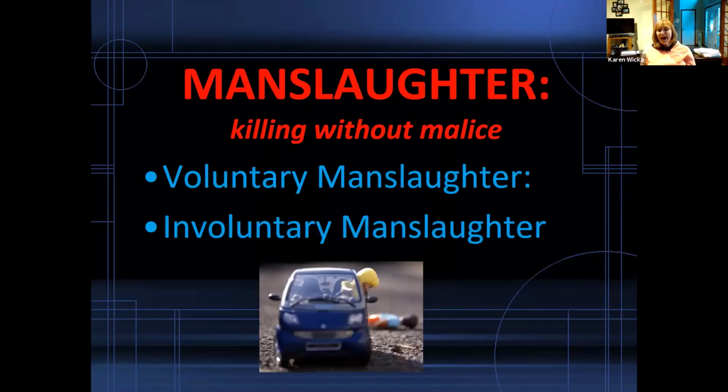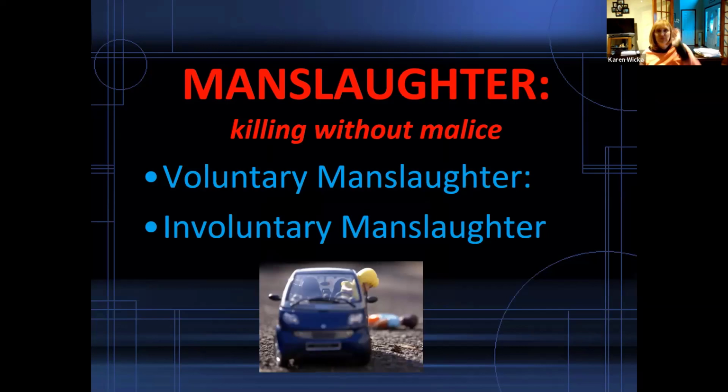Now, manslaughter is broken down into two categories. So manslaughter is without that malice, without that hatred. So you can have what's called voluntary manslaughter or involuntary manslaughter. So voluntary manslaughter is still going to be killing in the heat of the moment, like, you still want to kill.